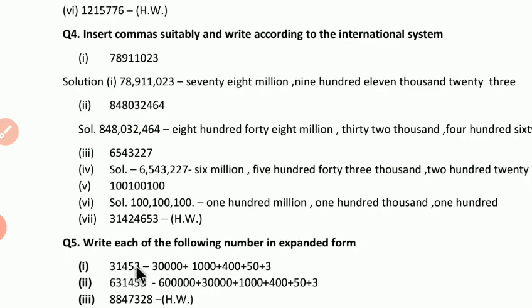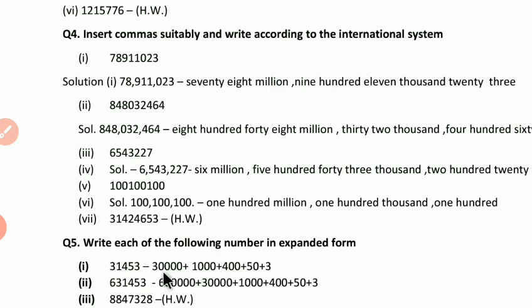31453. So what is the place value of 3? Ones, tens, hundreds, thousands, 10,000, it means it is at the place of 10,000. Or we can write that after 3, how many numbers are there? 1, 2, 3, 4. It means after 3 we have to place 4 zeros. Then plus. Second digit is 1. After 1, how many numbers are there? 1, 2, 3. So we have to place 3 zeros.